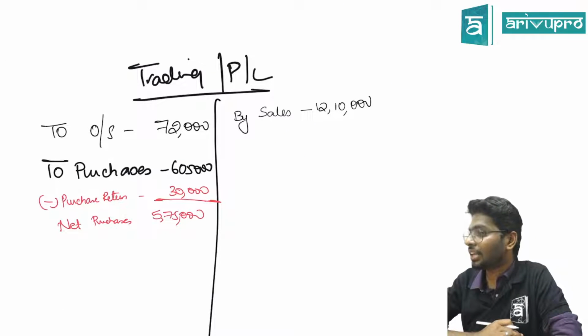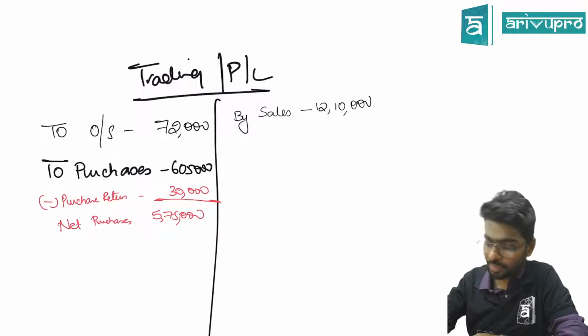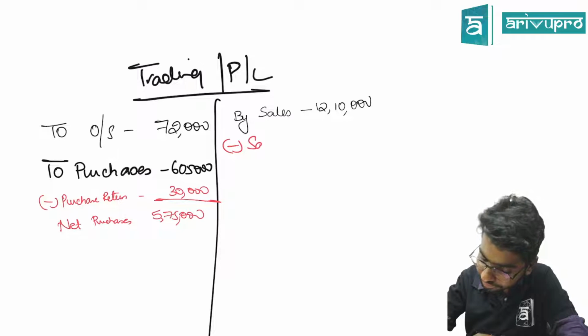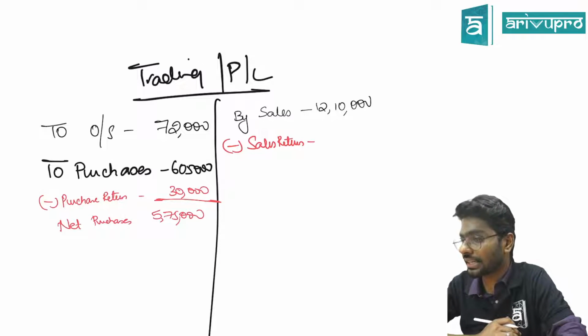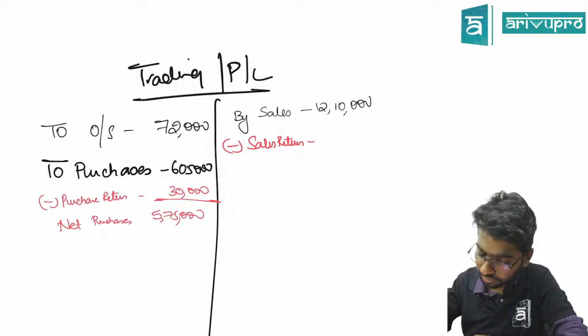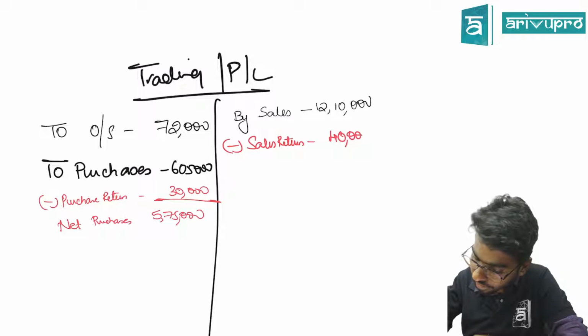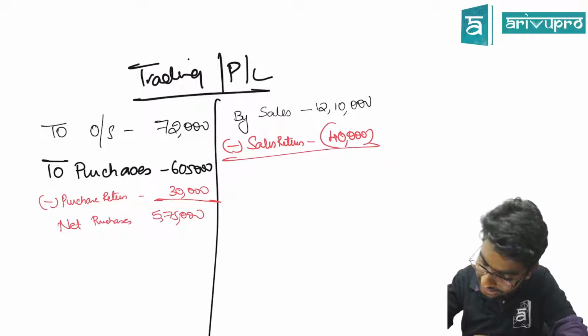And for sales, how much is the sales return? Less sales return, how much is it? 14,000. Therefore, how much is your net sales? 1 lakh.